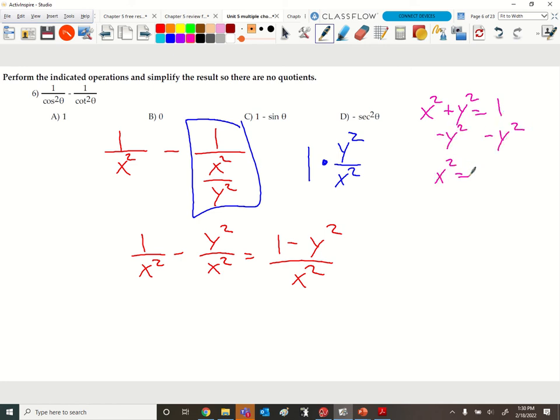X squared is equal to 1 minus y squared. So I'm going to replace this whole top with x squared. And the bottom is still just x squared. And what happens there? I cancel it out and I get just 1. And the answer is letra A. Does that make sense or nonsense? Okay, good.